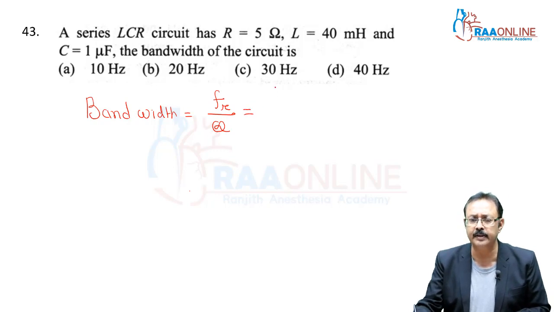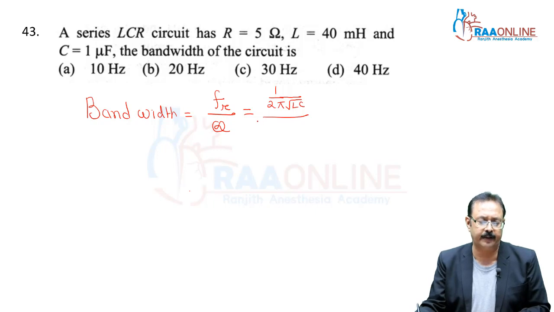What is resonant frequency? It is 1 upon 2 pi root LC. And what is quality factor?